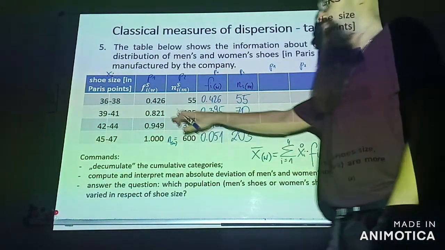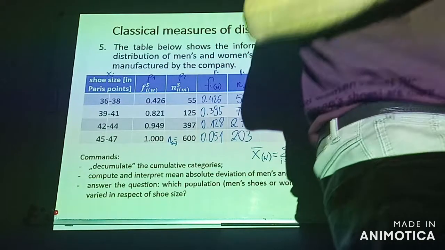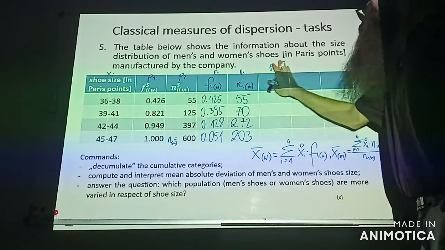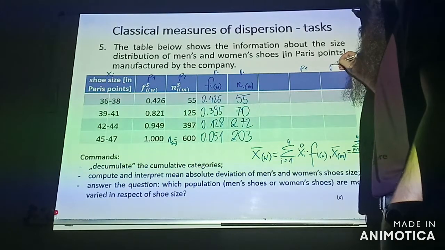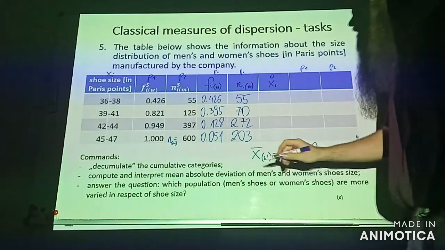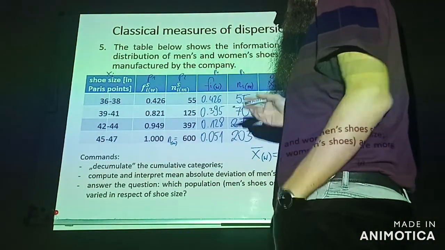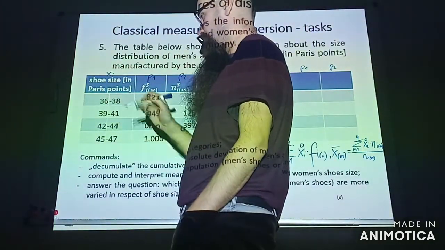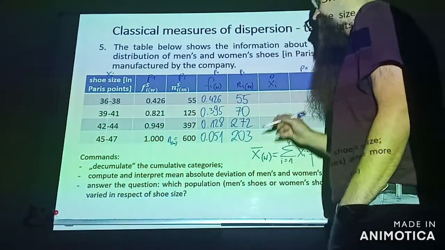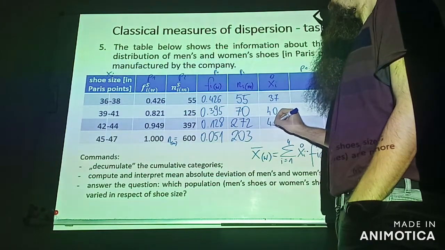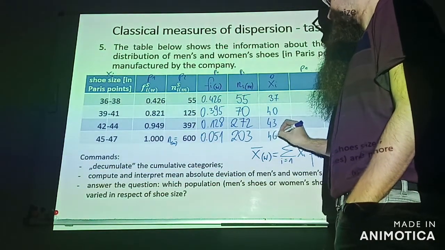We don't know the population size of women's shoes, but it's not a problem here. Alright, so I should start with the middle of the classes. Here we have the middle of the first class, the value exactly between 36 and 38, so it's 37. Here we have 40, here we have 43 and 46.